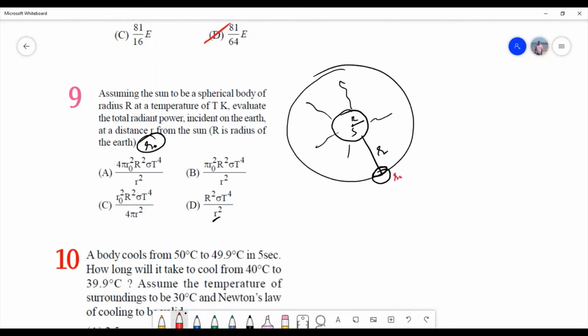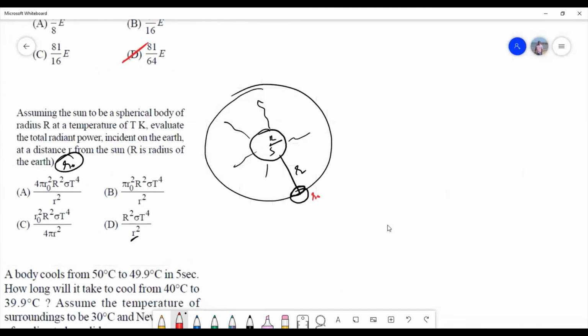So here the emission of energy is, so that's what we talk about as the solar constant. This solar constant is nothing but the total energy emitted upon area. This is nothing but sigma, area of the sun is 4 pi r square into T power 4.